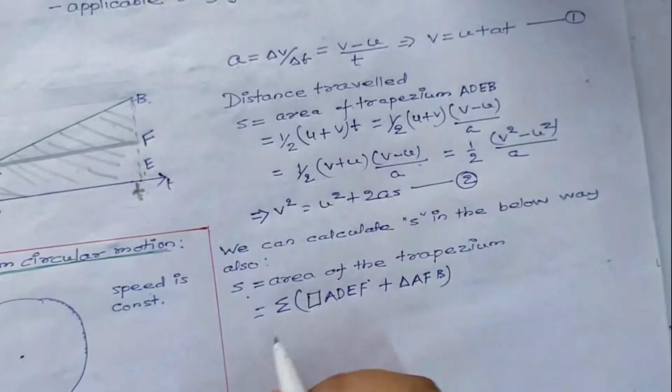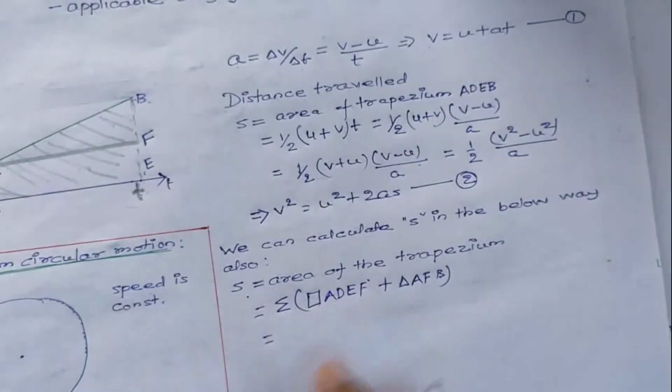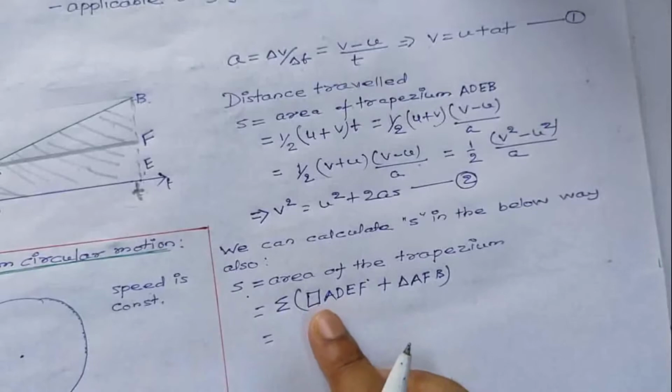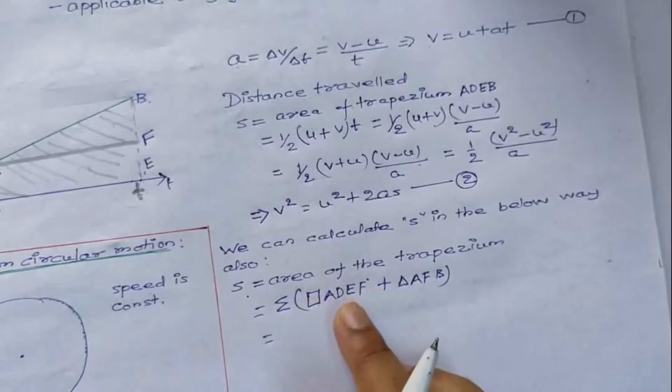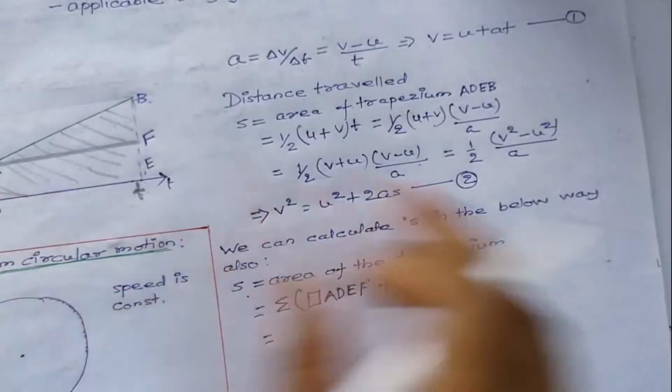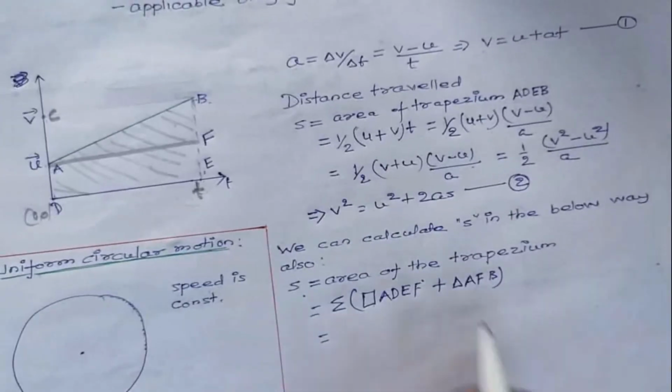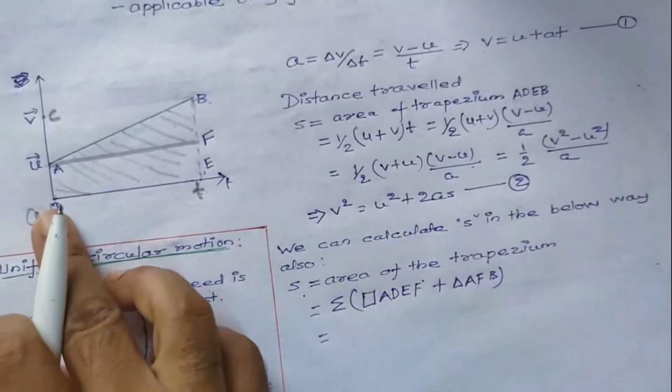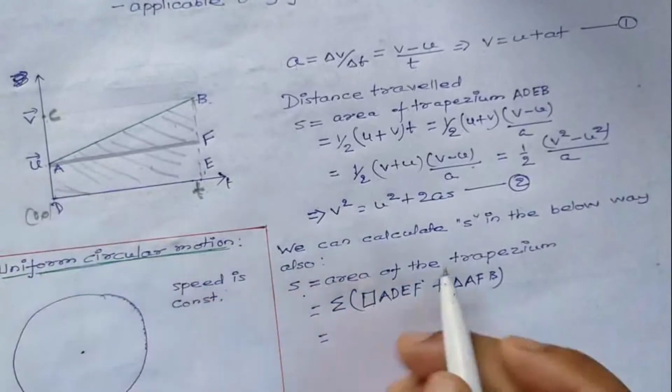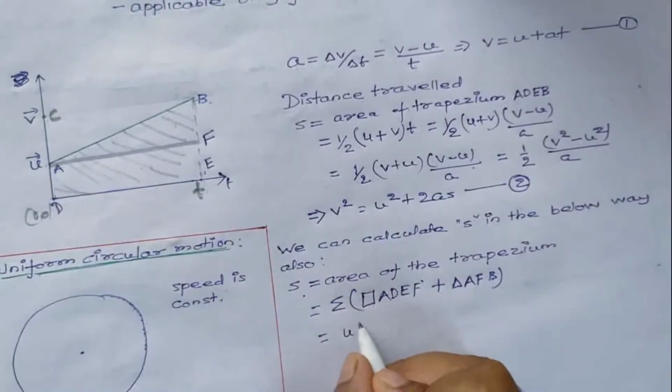Now it is simple. I think you should be able to calculate. Tell me the formula for calculating the area of a rectangle. Very simple. Length into breadth. So what is the length available? Length is t and breadth is u. So it will come out to be ut.